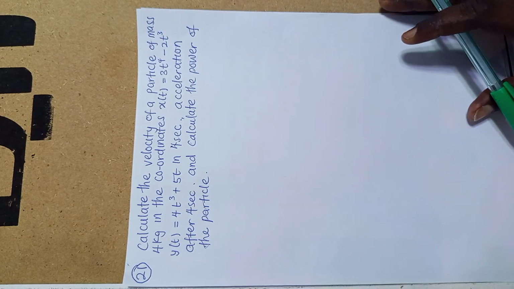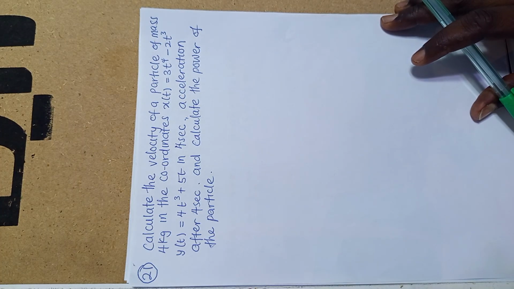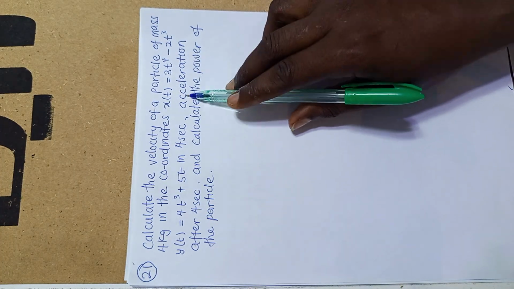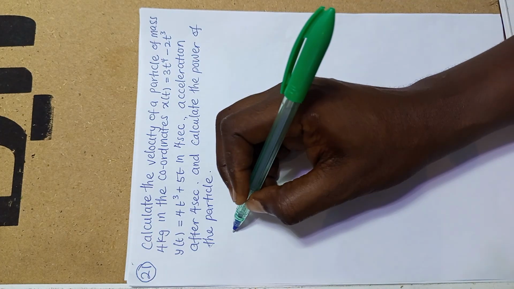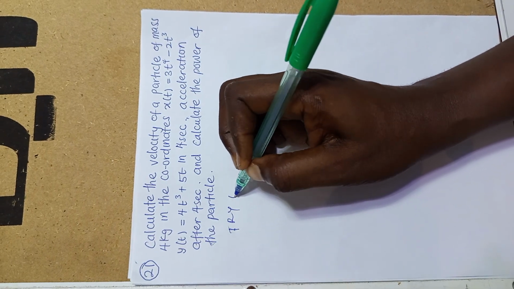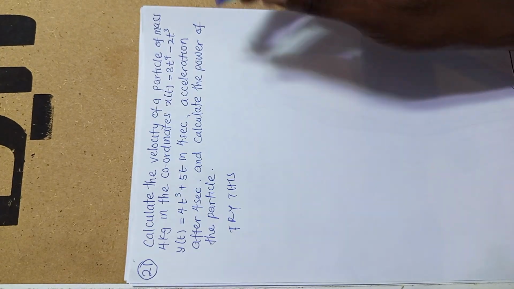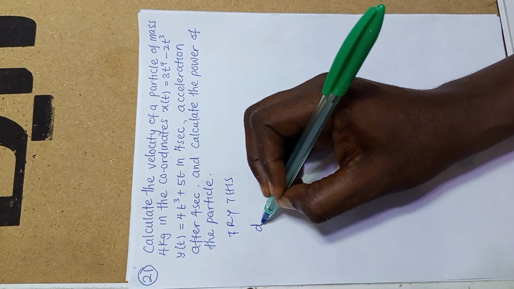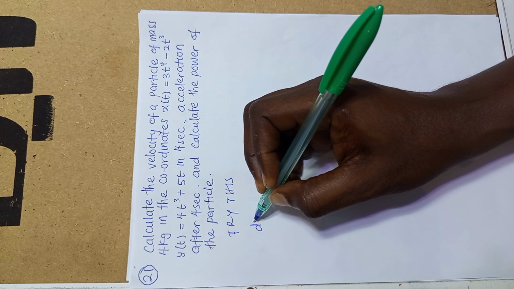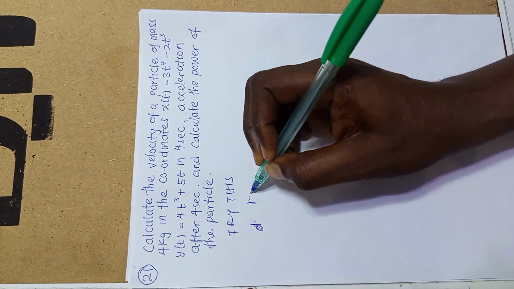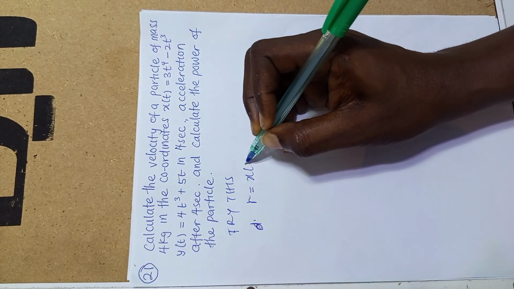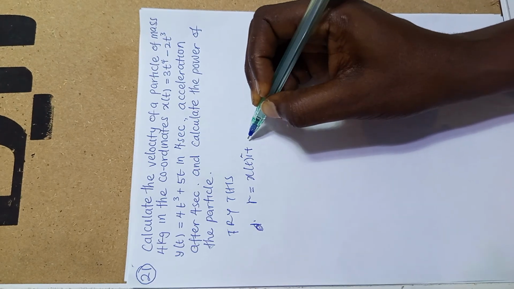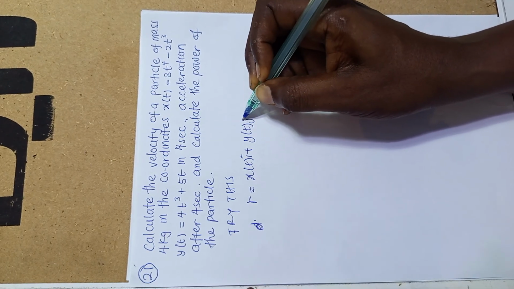Number 21. It says calculate the velocity of a particle of mass. This one is a bonus: acceleration bonus. So let me just give you this to try. What I want to do simply is this: if you are given r, your r is equal to x of t i plus y of t j.